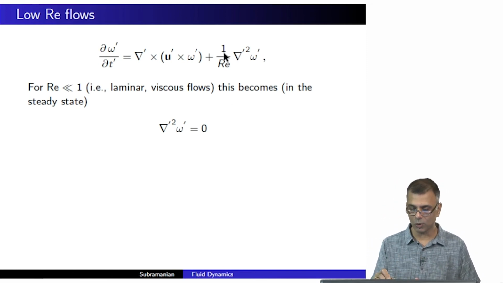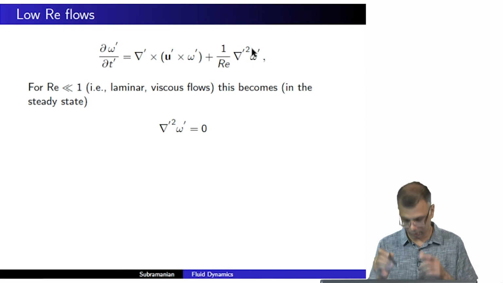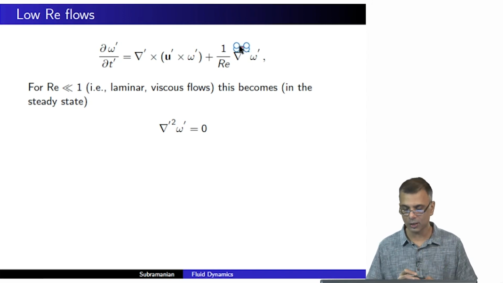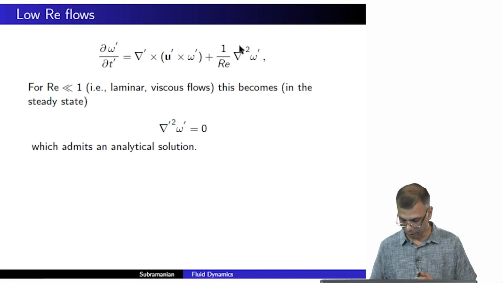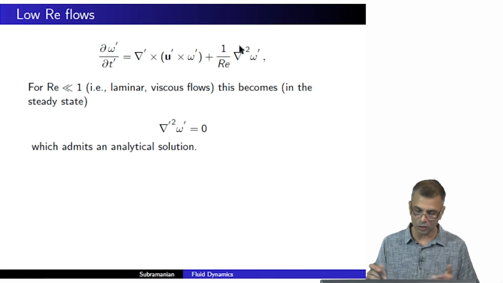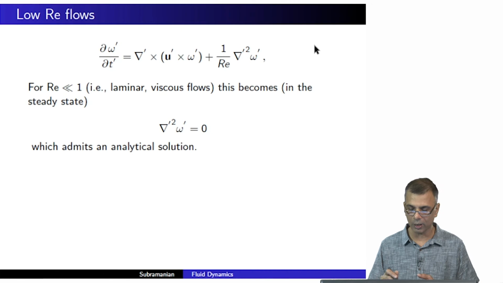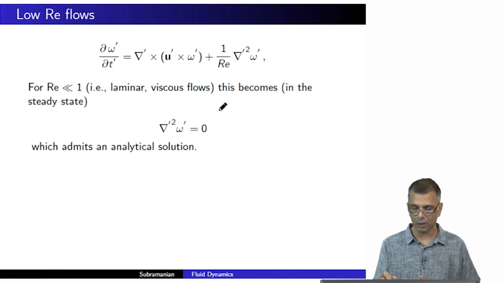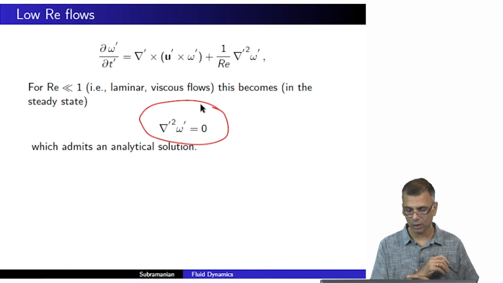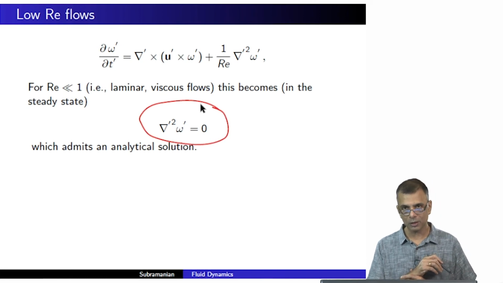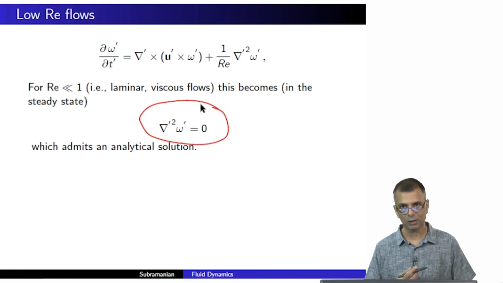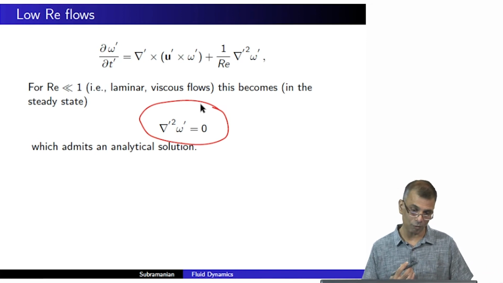So this becomes 1 over Re nabla prime squared omega prime equals 0, and because it's 0, one might as well multiply out the Re, and you get this very familiar looking equation, right? So this is essentially the Laplacian equation, which admits an analytical solution. So this is one of the advantages of writing it this way.